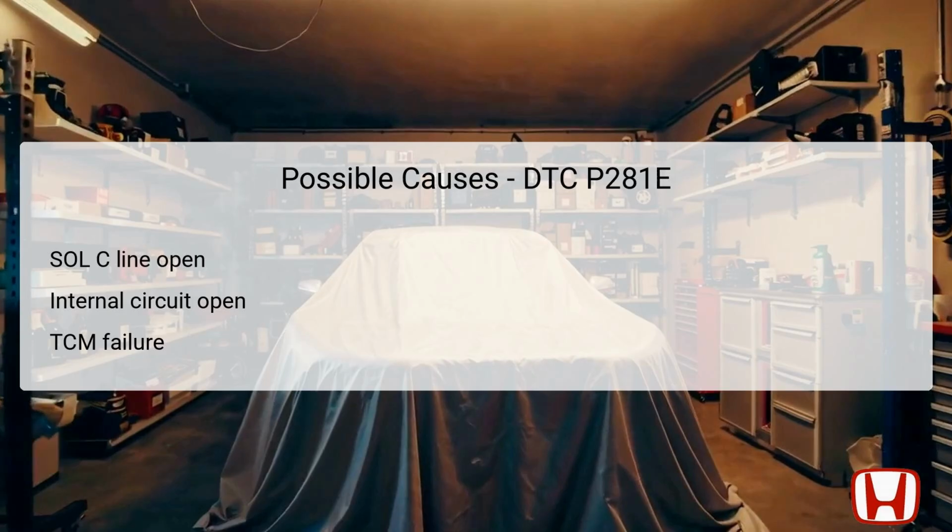Another critical cause could be a failure within the TCM itself, where it's unable to correctly send or interpret signals. It's important to understand that these are not exhaustive causes. Other underlying issues may also lead to this error code. Thus, thorough diagnostics are essential for accurate identification. Always consult diagnostic procedures outlined by Honda for the most effective troubleshooting.